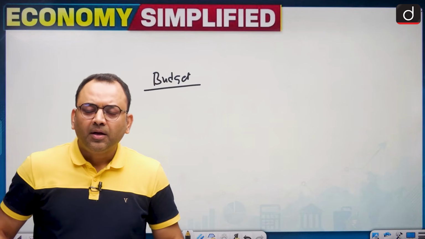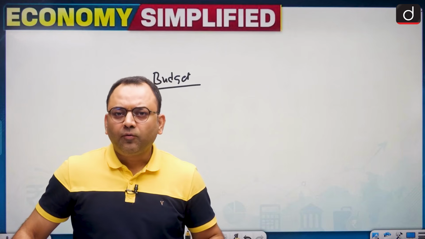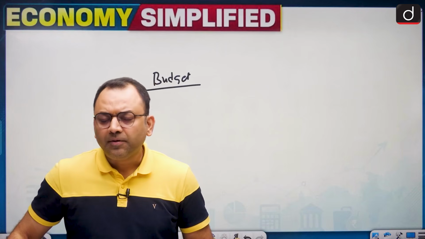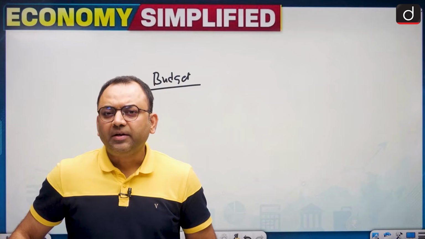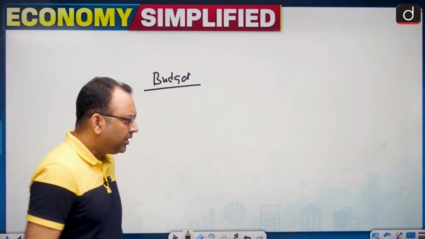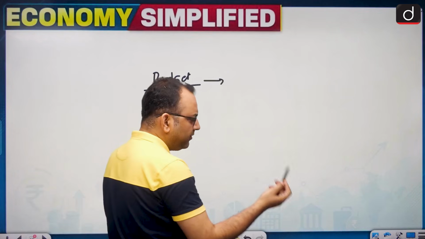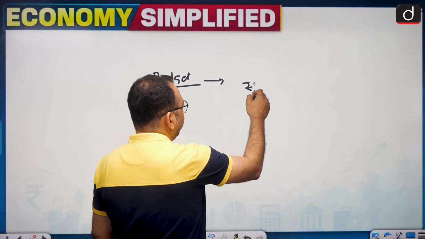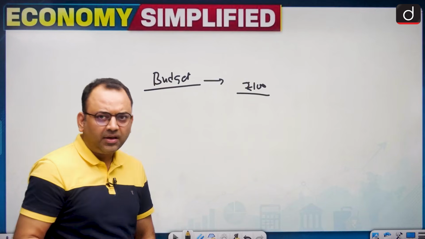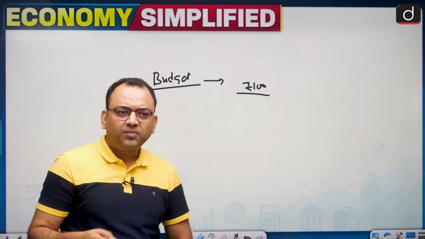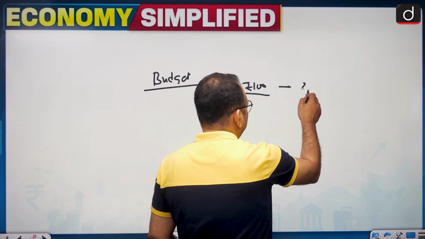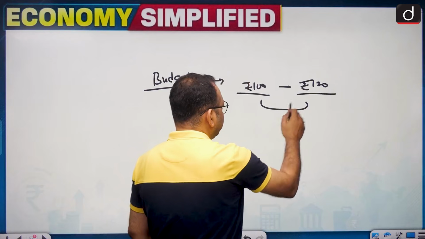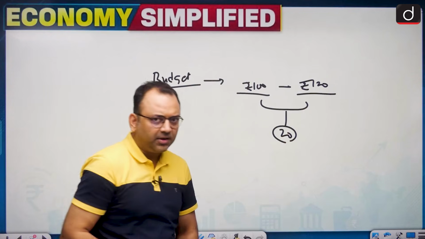In India, our expenditures are much more than what we receive, and that is why usually in India we have a fiscal deficit. For example, we receive rupees 100 in the budget from taxes, and we are expected to spend rupees 120. So 20 is our fiscal deficit in this case.